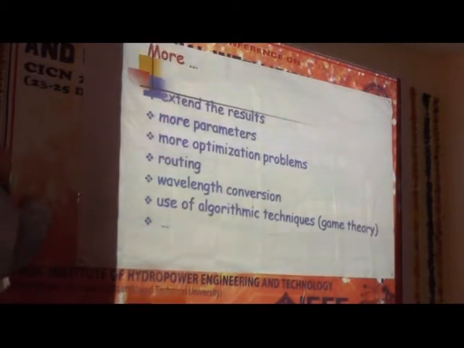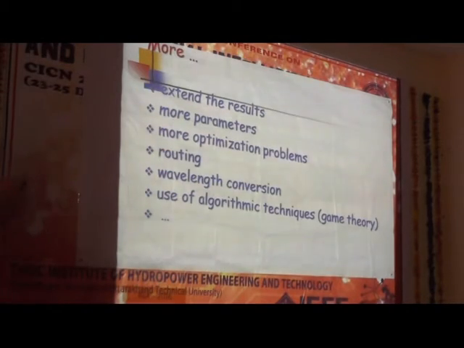Now, there are many more problems if you really look into this area. First, you can extend many of the results that exist. I only showed some of them. There are many more parameters and optimization problems that I didn't mention today. There is the issue of routing that I mentioned before. Here I always give you the path, but sometimes I give you only the pairs, and you also have to define the path.